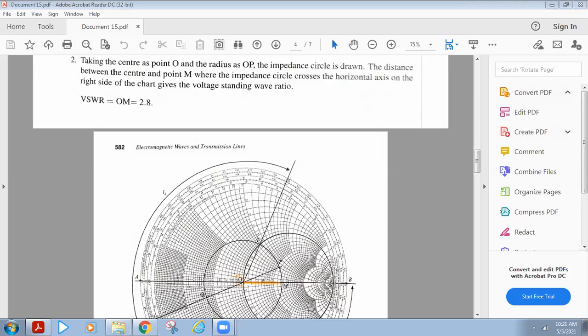Everything lies in terms of impedance, resistance and reactance.